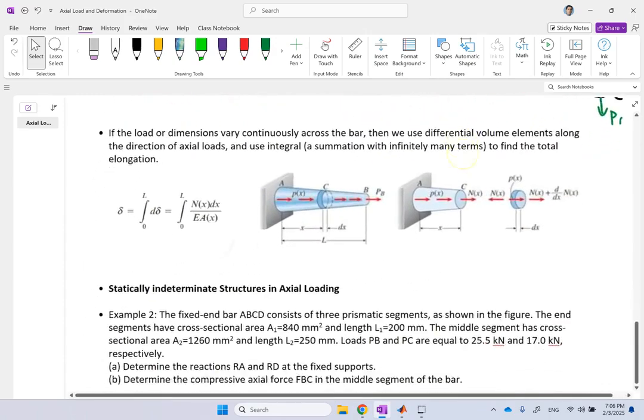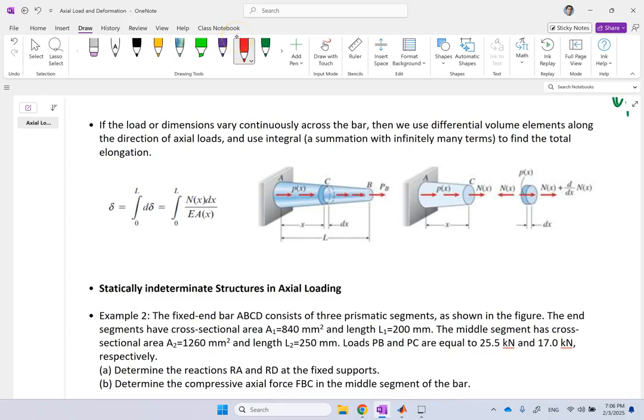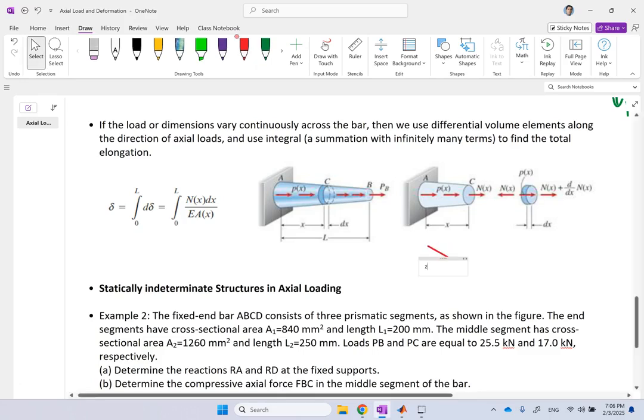Okay, now sometimes the formula we just learned cannot be applied, because the formula I just showed you assumes that the changes in those parameters N, A, E, or L happen in a kind of step type behavior. So it jumps from this cross section to this cross section. Okay, so it's a sudden change.